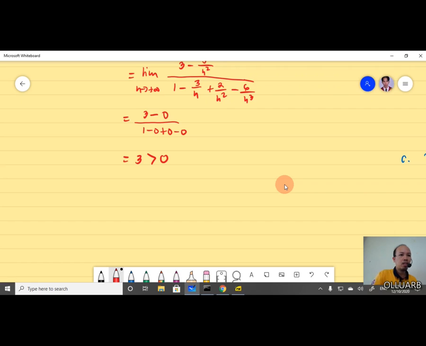Therefore, by the limit comparison test, the original series is convergent.